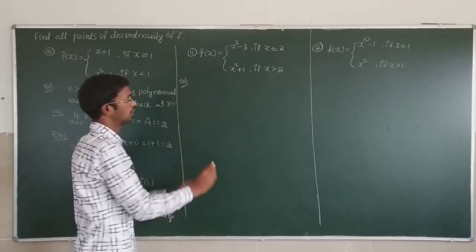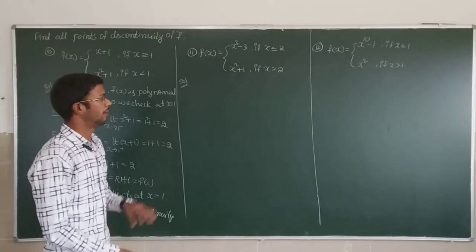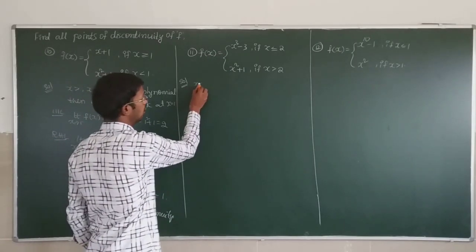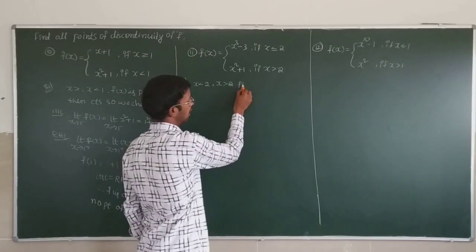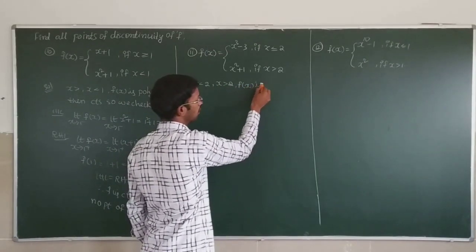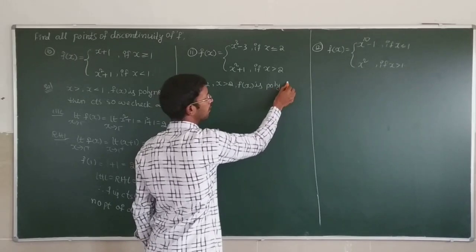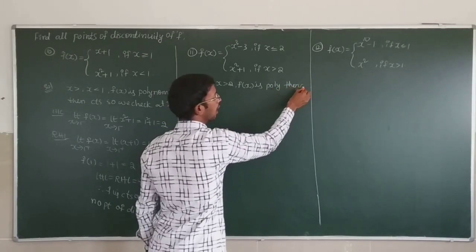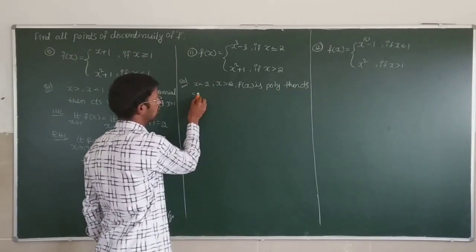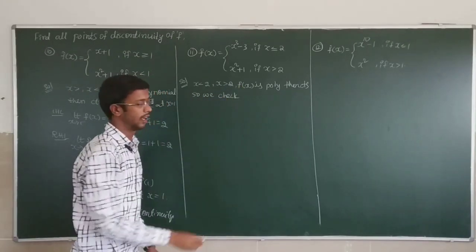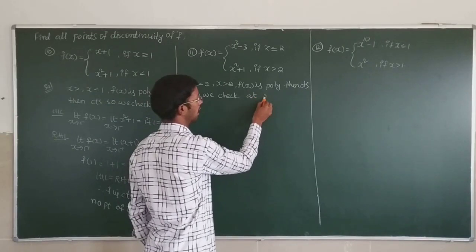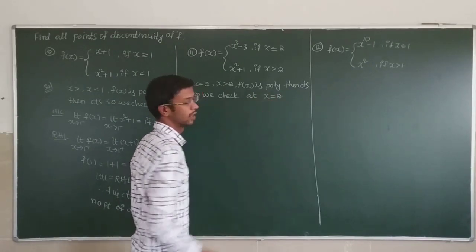Next, problem number 11. f of x is equal to, two values are given. Same to same, x is less than 2, x is greater than 2, f of x is a polynomial, then continuous. So we check at x is equal to 2.